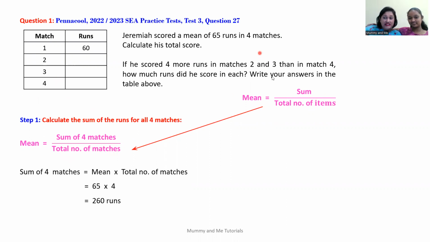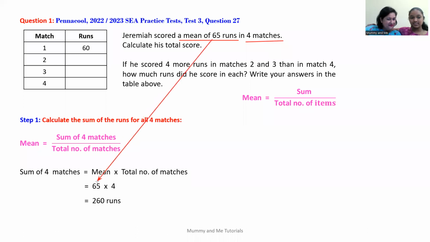But if we wish to calculate the sum, how do we calculate that? To calculate the sum of the 4 matches, we multiply the mean by the total number of matches. The question told us that the mean is 65 runs, and he played 4 matches.